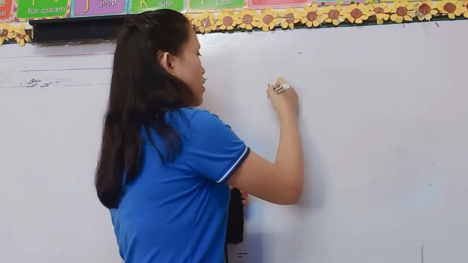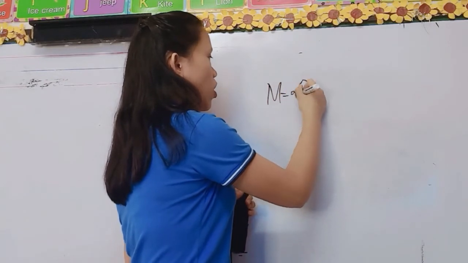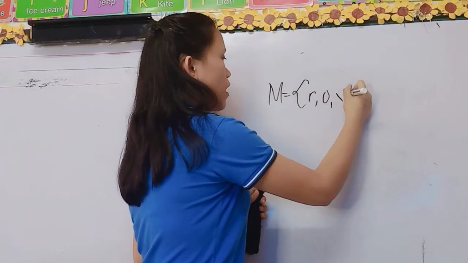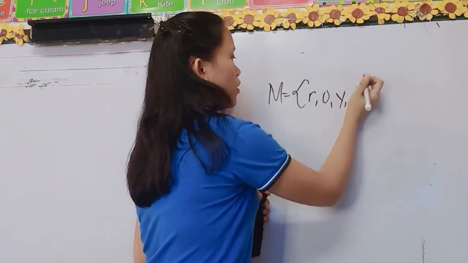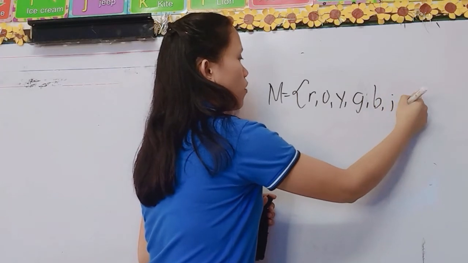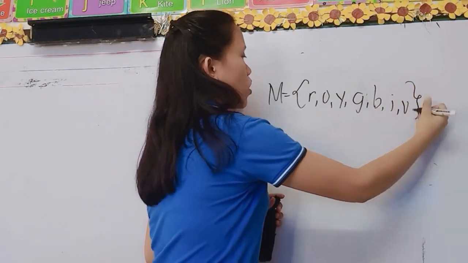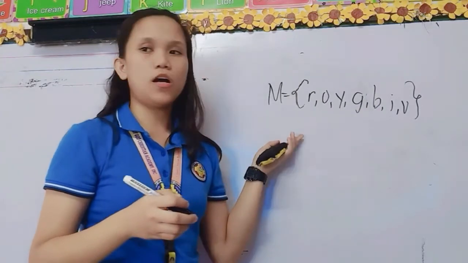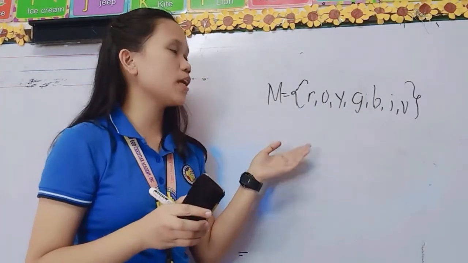The example given a while ago is set M, the collection of rainbow colors: red, orange, yellow, green, blue, indigo, and violet. So, how are we going to write this in identifying the cardinality of sets?